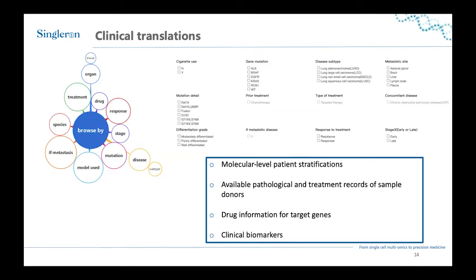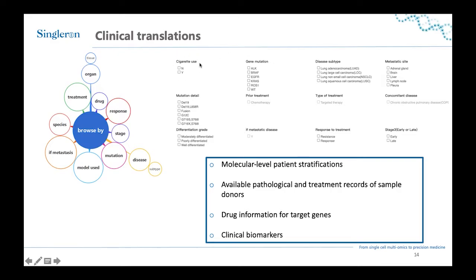A very important point for SynEcoSys is clinical translation. As I mentioned before, we make sure that we have molecular level patient stratification. We have every clinical and prognostic information available for the samples. Here you can see a snapshot of some of the data available for one of our lung cancer data sets.